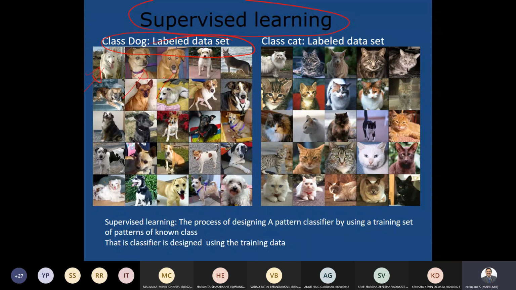I will be knowing what data I'm going to use. All these are labeled; their target is known. Or for the other class also, I know what the object is. It's known data, right? The target is called a label, so it is a labeled data set. Generally, a labeled data set for each class is used here.